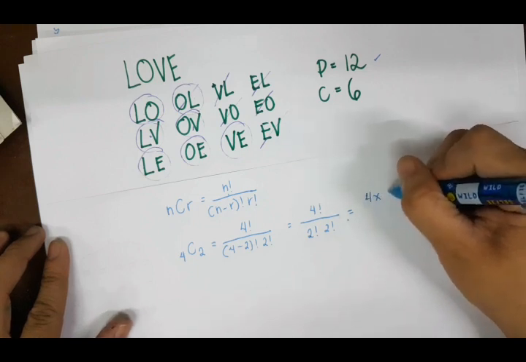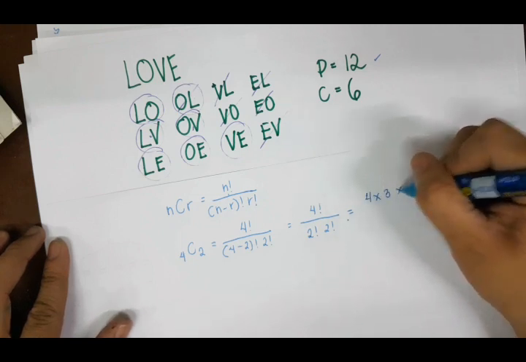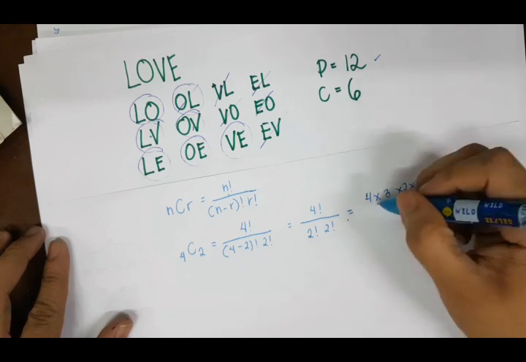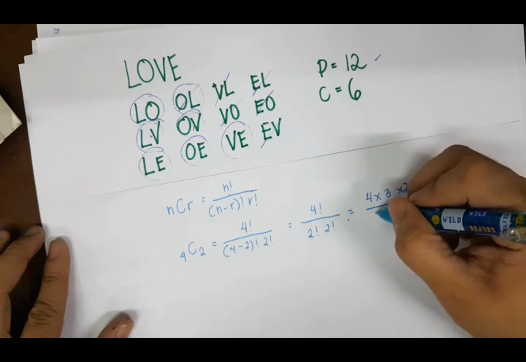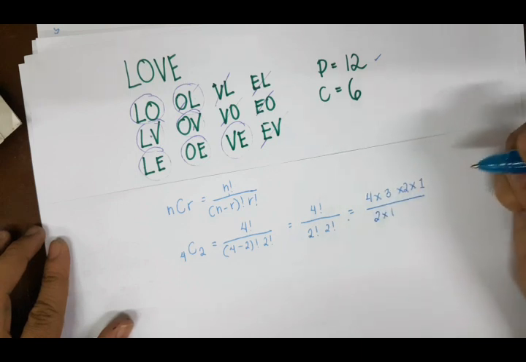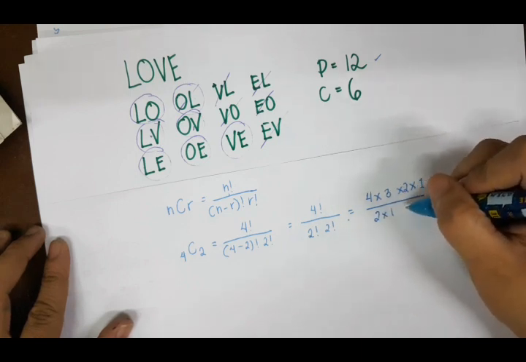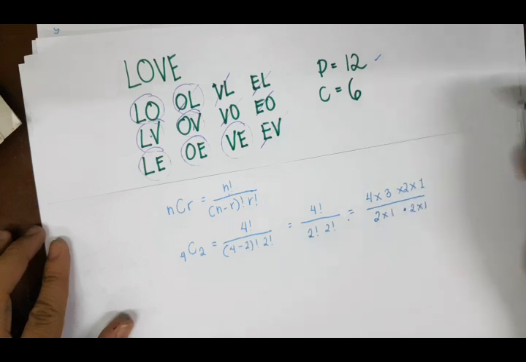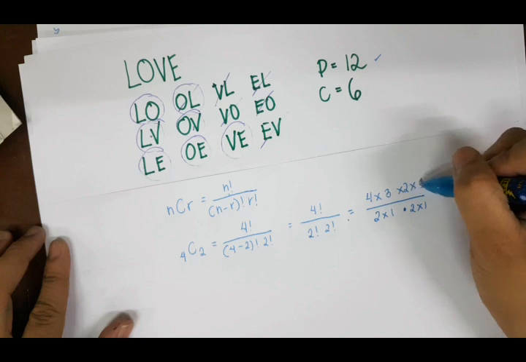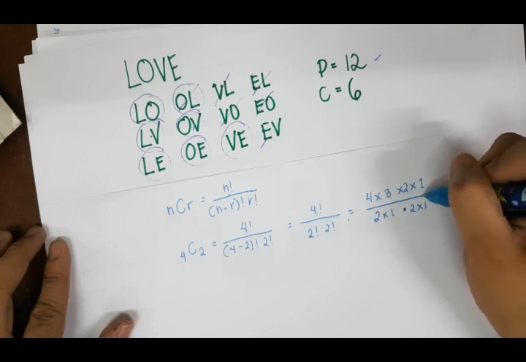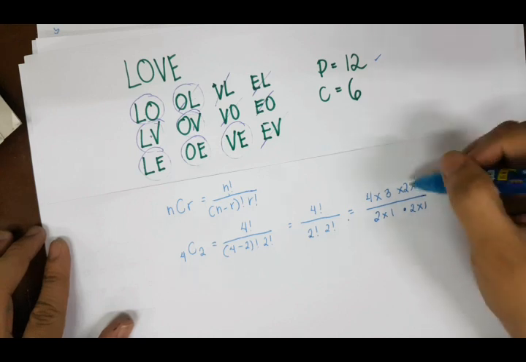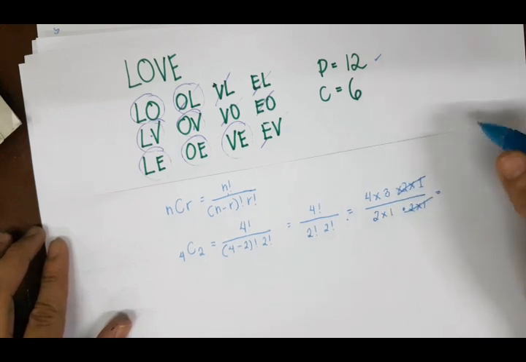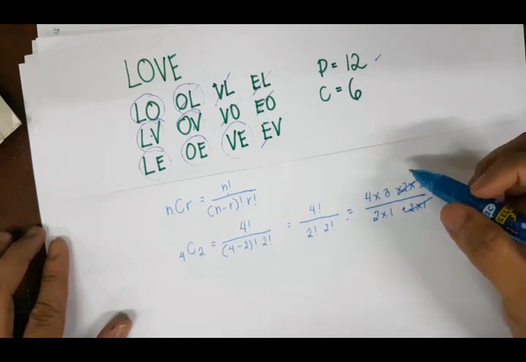Again, multiply all the integers all the way to 1. So 2 times 1 times 2 times 1. Since 2 times 1 divided by 2 times 1 is equal to 1, we can cancel this. So we are left with 4 times 3 over 2 times 1.